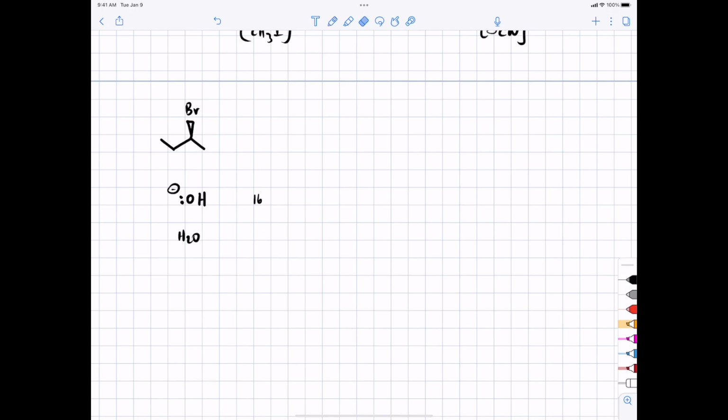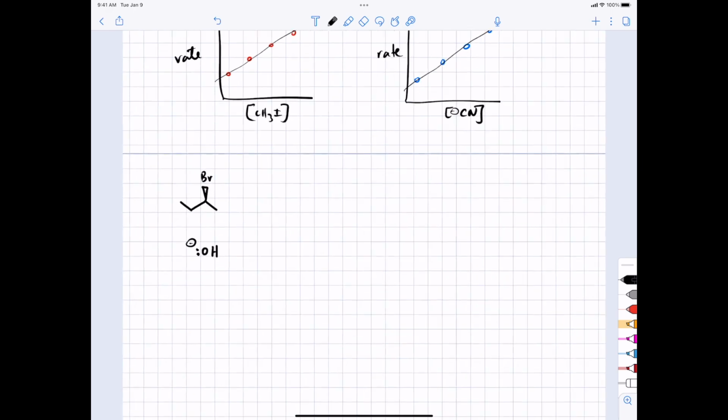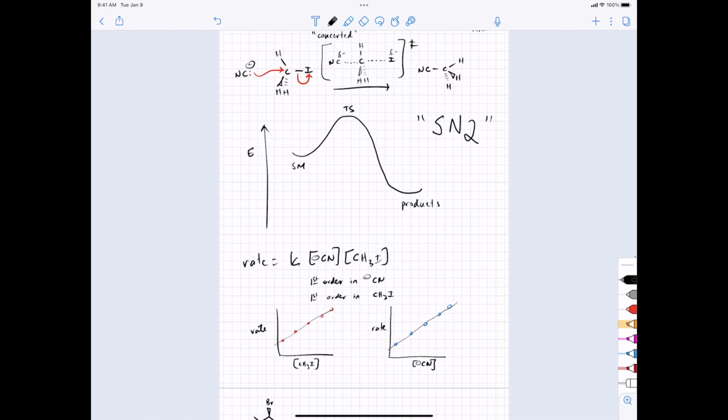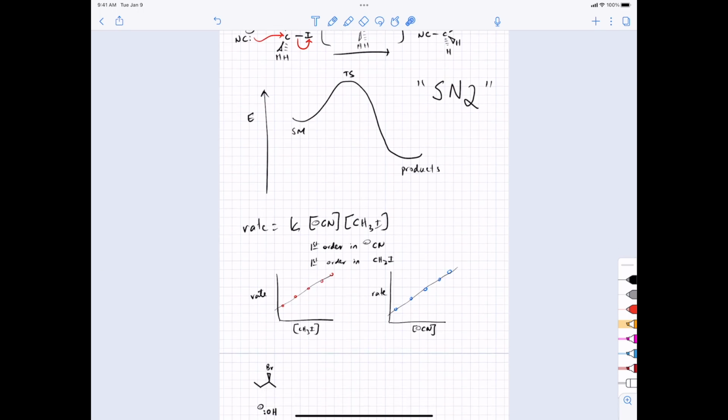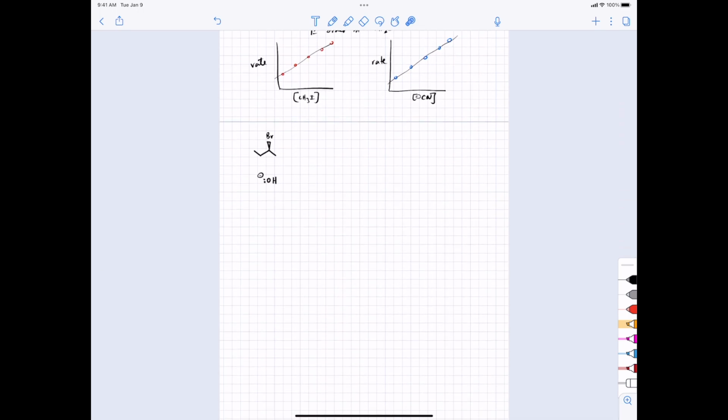So the stronger base has the less acidic conjugate acid. This is a stronger nucleophile. Now, let's talk about how this reaction might happen. All we know so far, based on the kinetic experiments, is that both starting materials are involved in the rate determining step, and we're going to be forming the carbon-nucleophile bond at the same time as the leaving group is leaving.